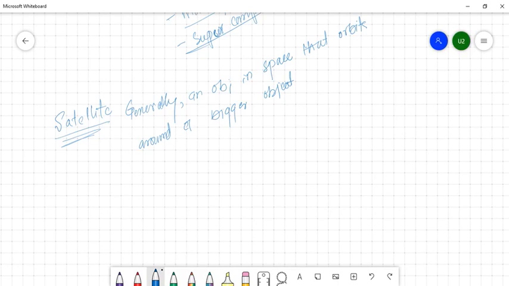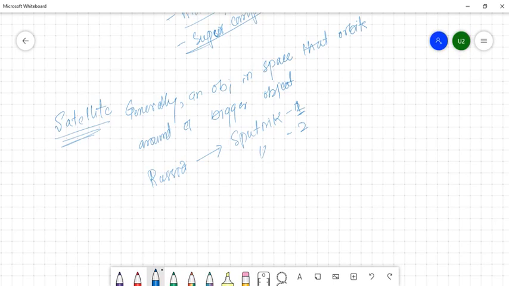Mainly it started after the 1950s, after World War II, and the first one who initiated this process was Russia, and its satellite's name is Sputnik. Sputnik 1, and then, sorry, it is 1 and 2.